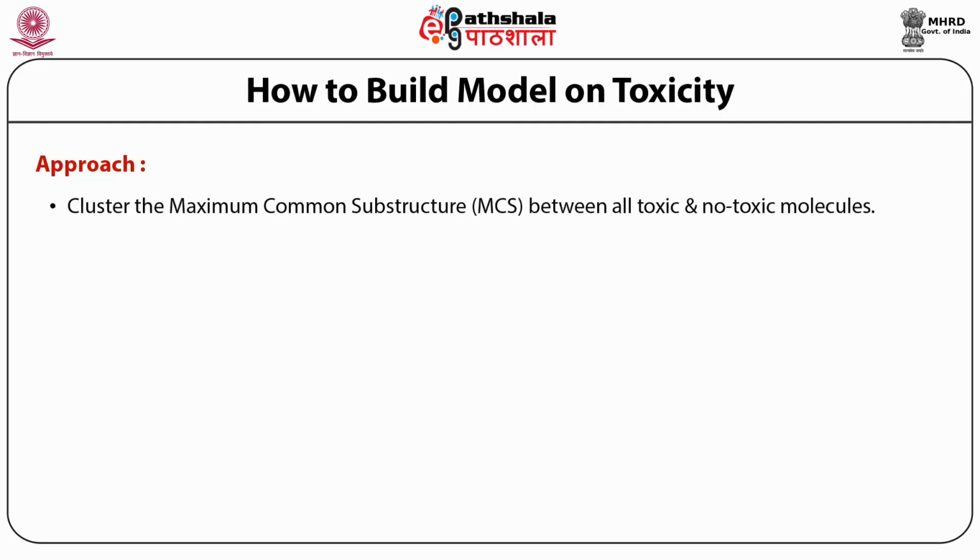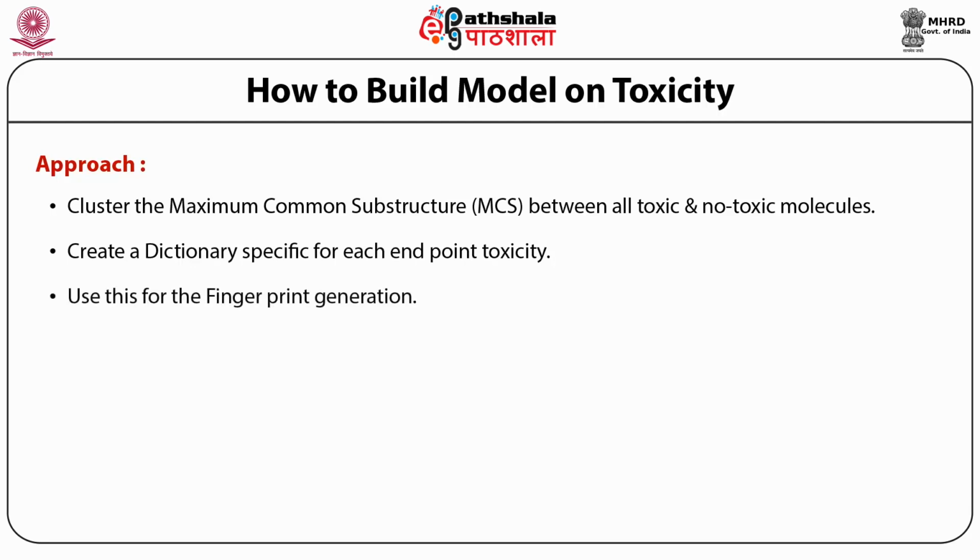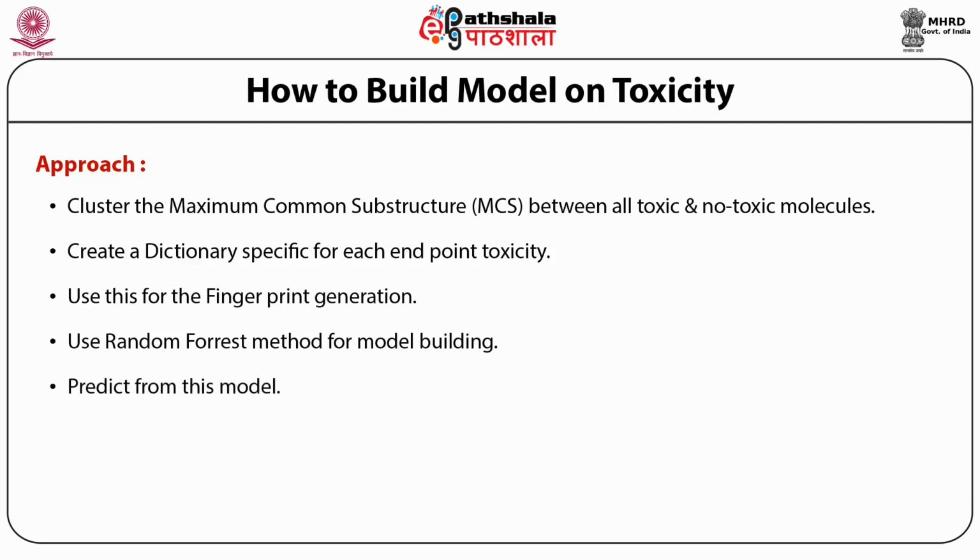So cluster these chemicals and find their maximum common substructure, that is, the maximum structure responsible for toxic or non-toxic, and create a dictionary specific to the point of toxicity. Then you use the fingerprint and other methods and predict it by random forest, one of the artificial intelligence methods, and build the model.